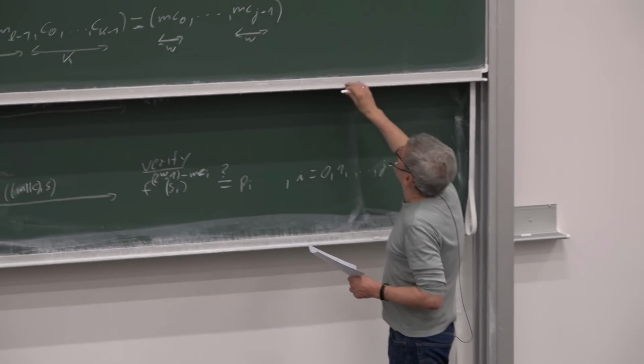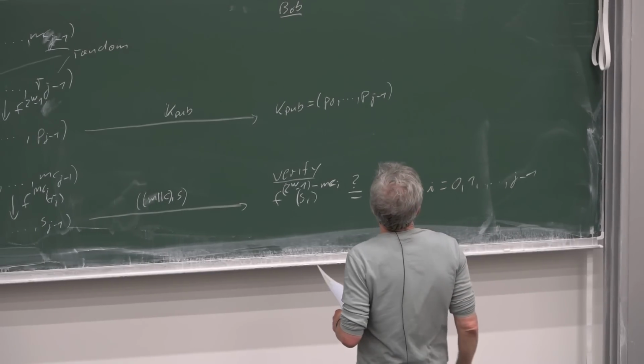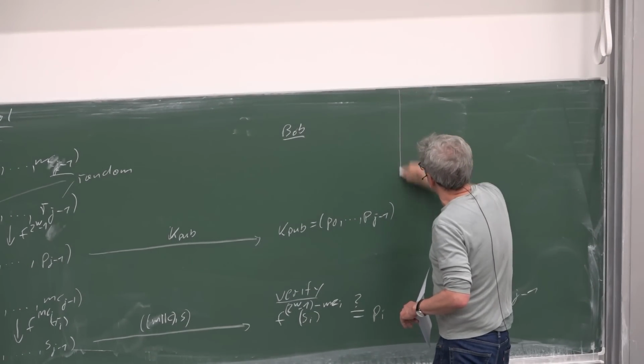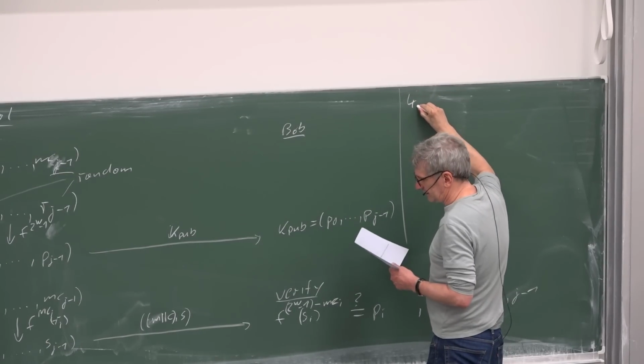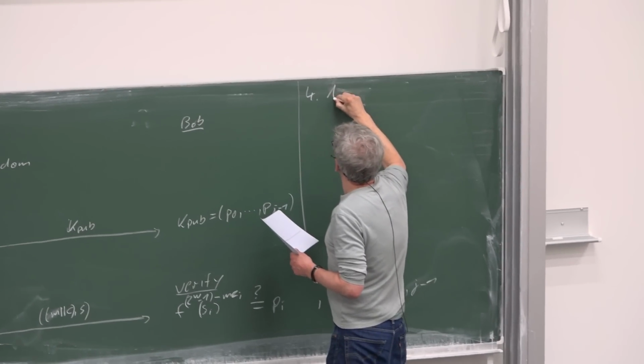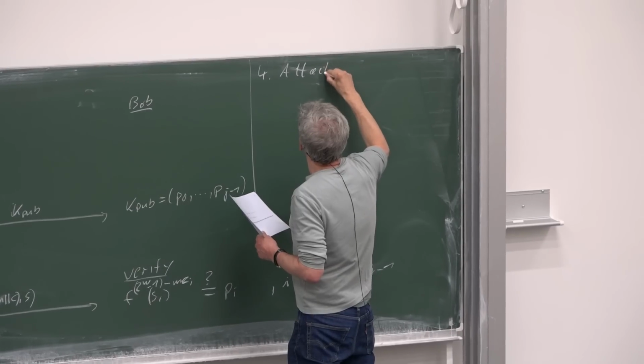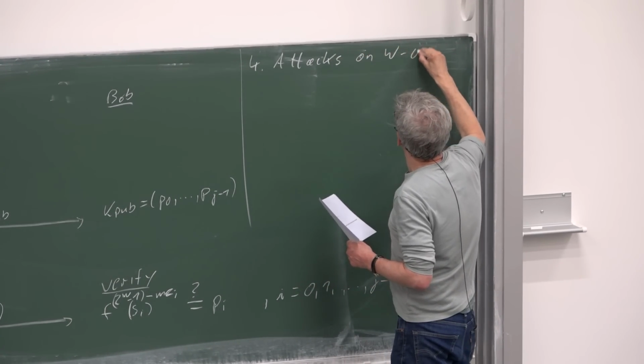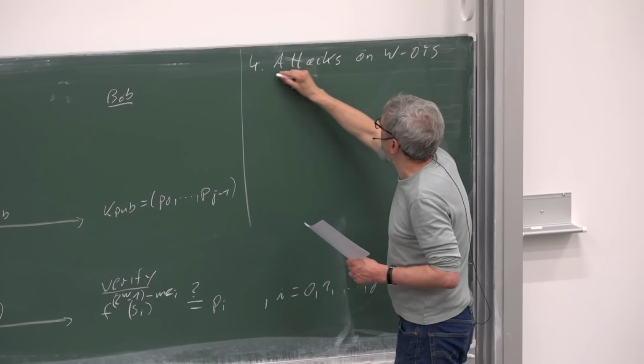So I just want to very briefly, and we're totally out of space, but these are just 2 keywords. This is not even a proper chapter. Let's just call this attacks on Winternitz OTS, Winternitz one time.